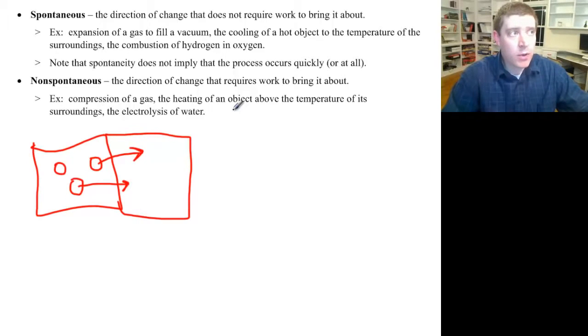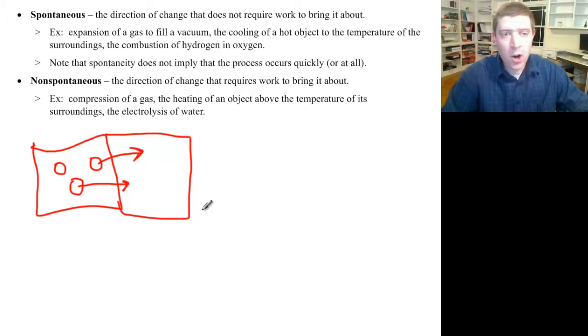So the opposite of a spontaneous process is a non-spontaneous process. A non-spontaneous process is the direction of change that requires work to bring it about. So this is the exact opposite. If we remove that wall and allow our container to expand, the gas expands to fill up the entire container.